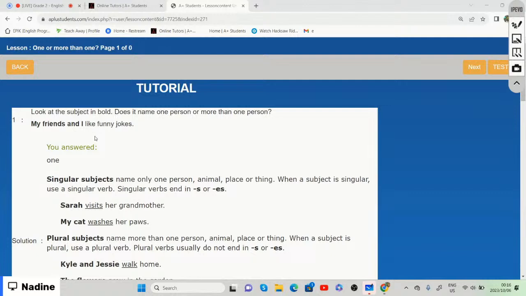My friends and I like funny jokes. Does it name one person or more than one person? Is it a singular subject or a plural subject?